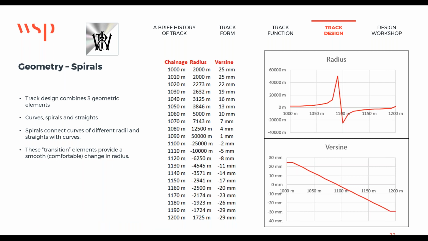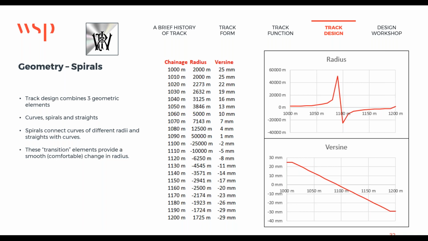And if you look at how we could draw or chart the radius, there's a little table there with chainage going from 1,000 to 1,200 meters. The radius starting at 2,000 and finishing at 1,725 on the different hand. And the versine goes from plus 25 to minus 29.